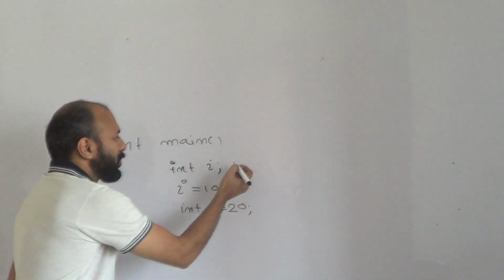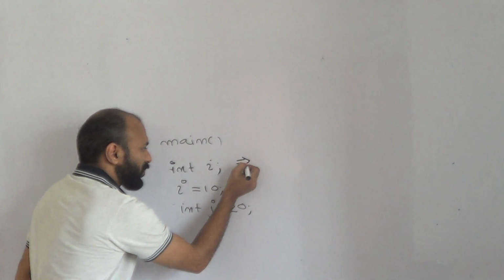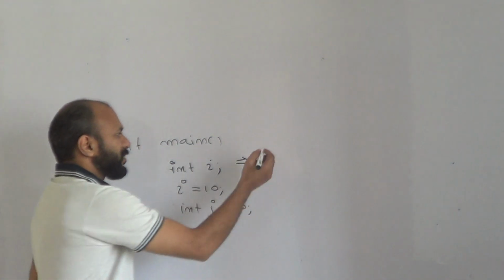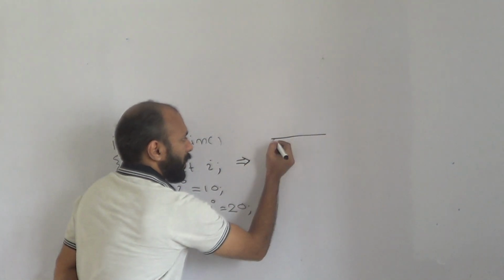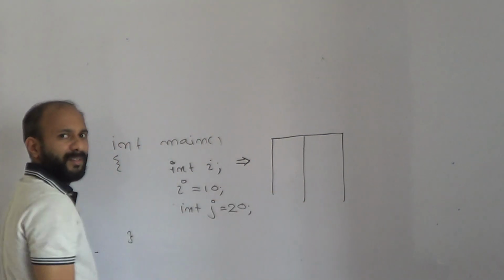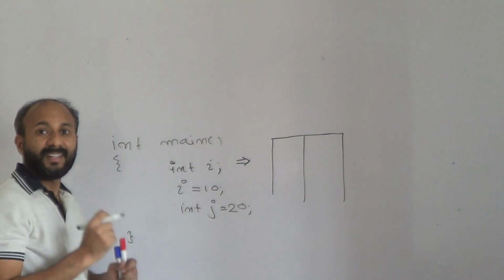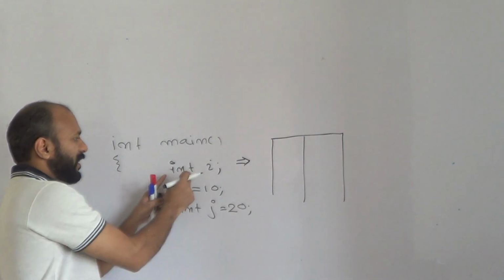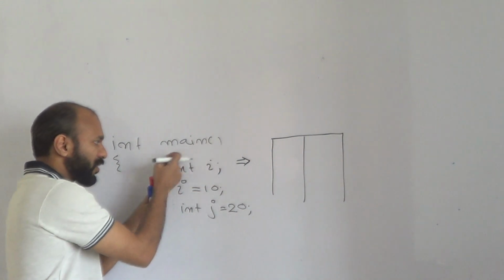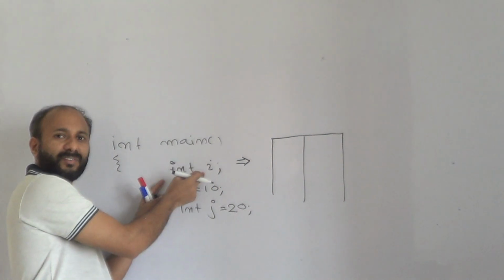Now the assembly equivalent of this program. Assume I'm going to draw. This is my assembly program, which is available in the text memory segment. Int i: we have to reserve memory for this integer variable.